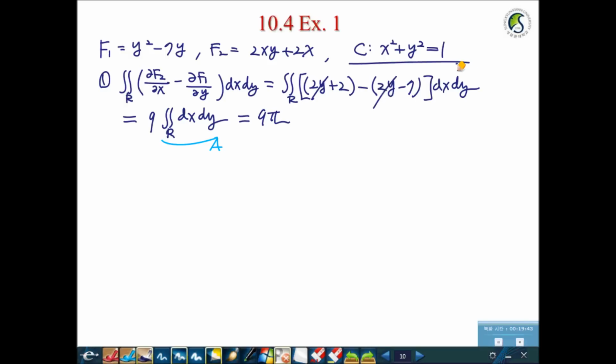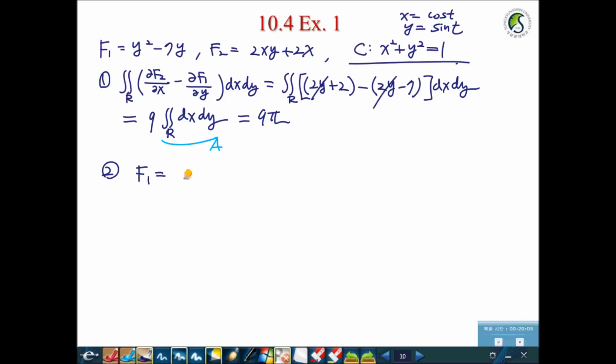Okay, and let's calculate the line integral. To do the line integral, you have to parameterize it, right? So x is cosine t, y is sine t, and you plug it in.